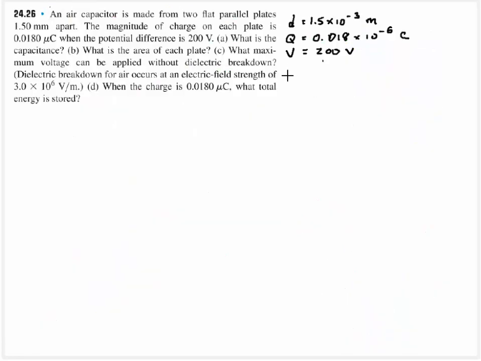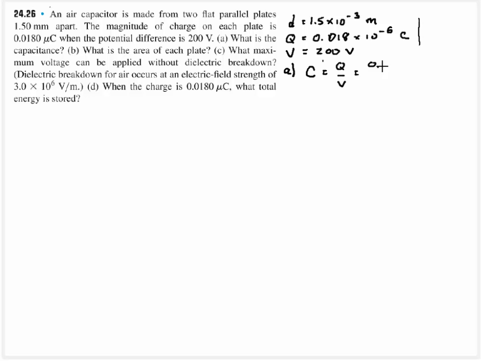And lastly, let's take a look at a problem dealing with energy as well as getting more capacitor practice. So I've written down what we already know in this problem right here. For part A, we're asked for the capacitance. Capacitance is going to be equal to the charge divided by the voltage.